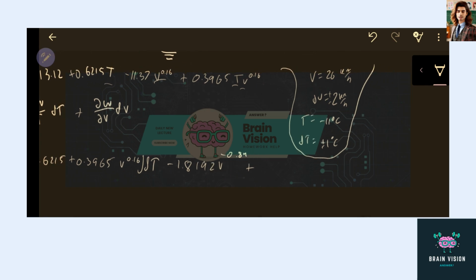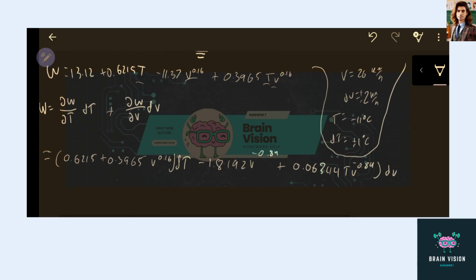Then you add to that your next derivative, where you take 0.3965 times 0.16 once again, and you get 0.06344 times T times V to the negative 0.84. All of that times dV.